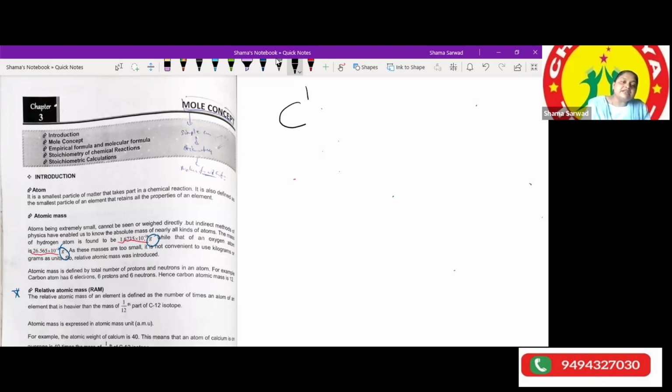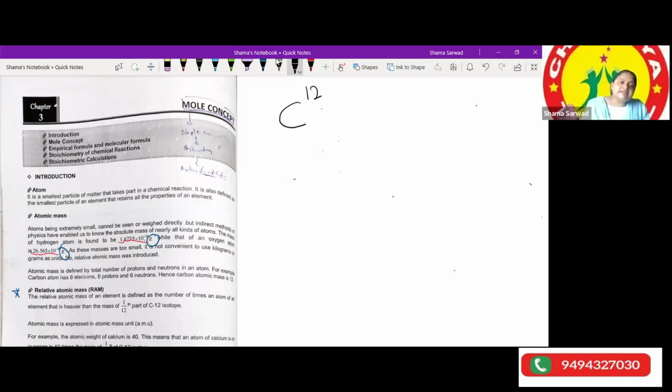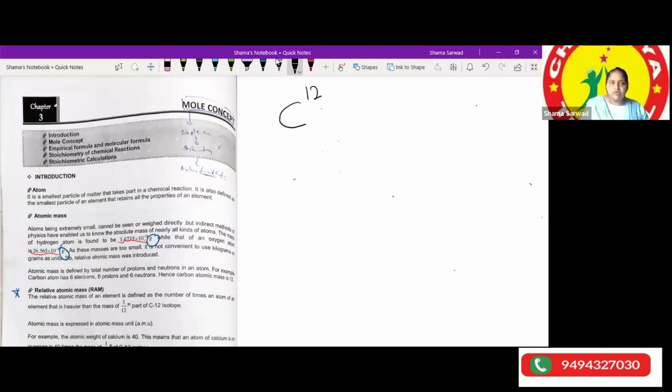It's carbon. Its atomic mass is 12. Correct? So what we have to do is consider it as a reference standard. If you take 1 by 12th part of the carbon atom, with the carbon 12 isotope, it is considered as 1 atomic mass unit.